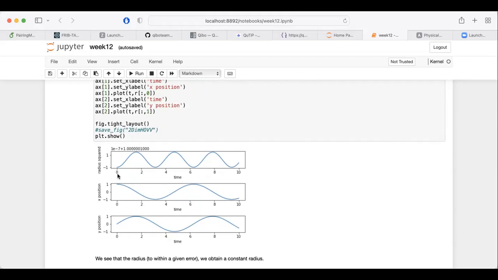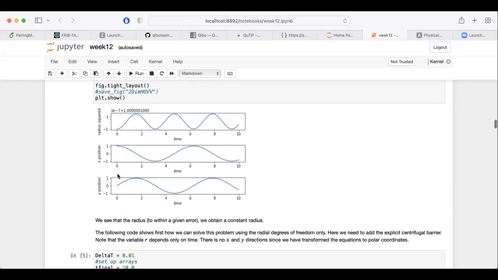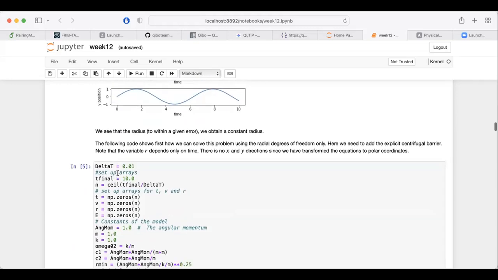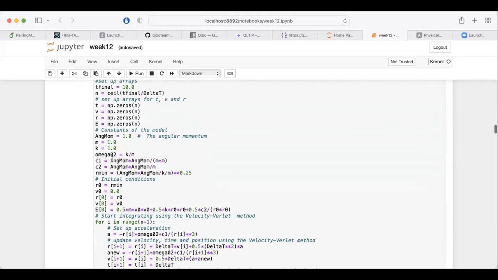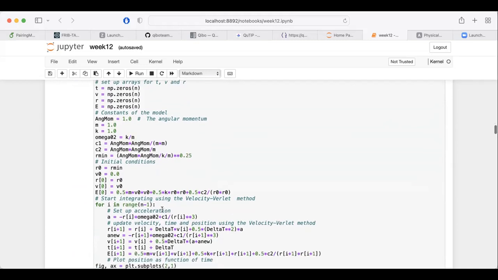Now, when you shift to polar coordinates, then you just need to look at the radial dependence. What I've done here is to define a constant which you need in the calculation, which is the angular momentum squared divided by the mass squared, which is going to be part of your acceleration, because your acceleration is going to be given by this constant divided by r cubed.